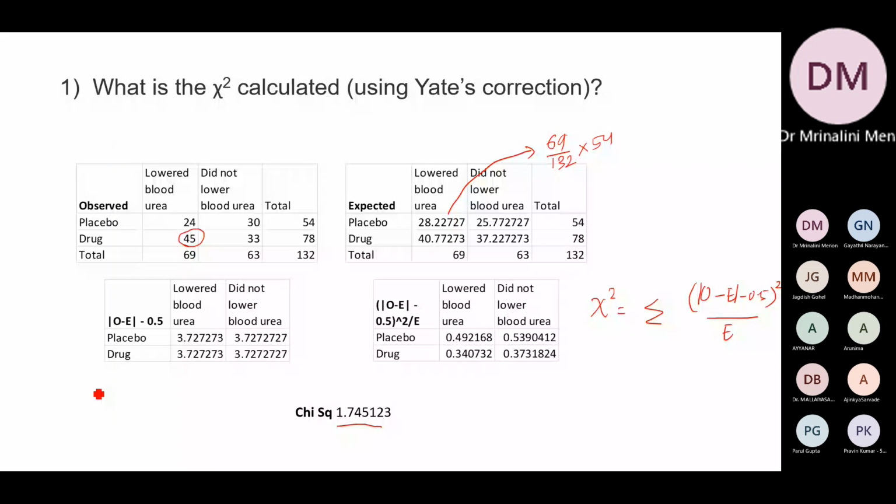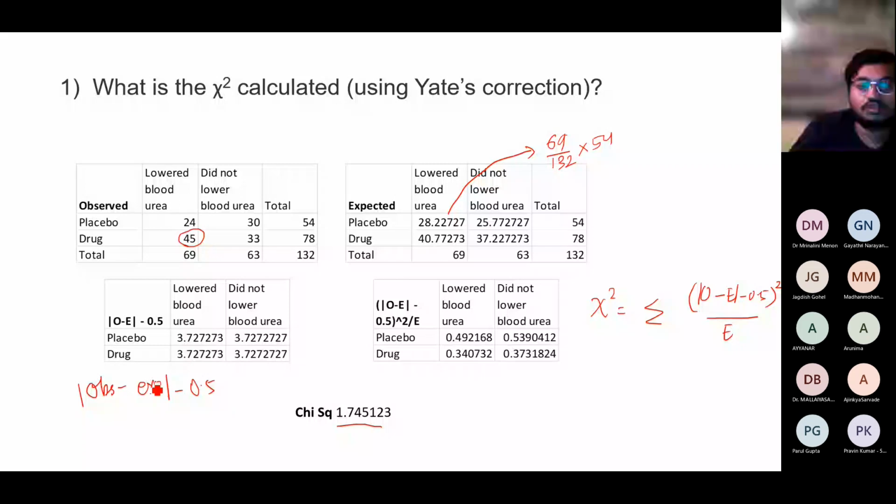You have to remember two things. First, you take the modulus of observed minus expected, so this value will always be positive. Then you subtract 0.5 from it. In case this whole thing turns out to be negative or less than 0, then you take the value as 0.